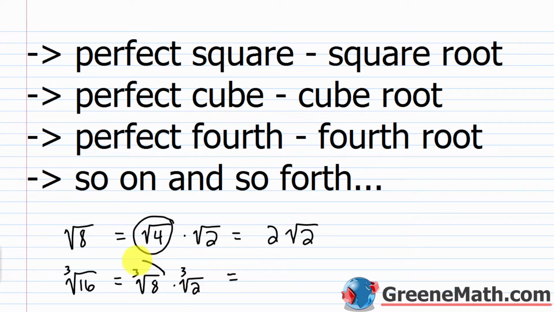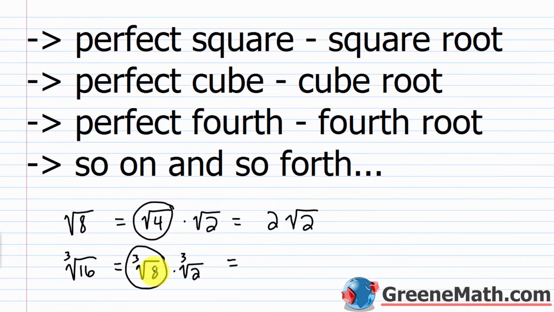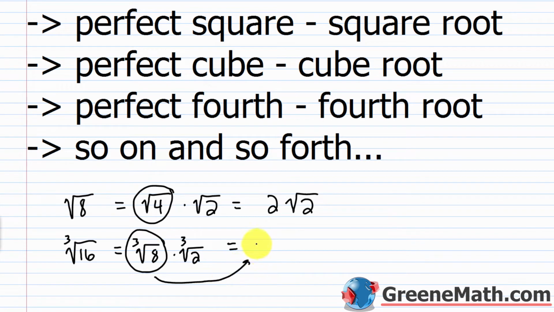And again, this represents a rational number. The cube root of 8 is 2. So I'm simply going to write this as 2 in the simplified version, and then keep what doesn't simplify, so times the cube root of 2. So 2 times the cube root of 2 is simplified. The cube root of 16 is just unsimplified.